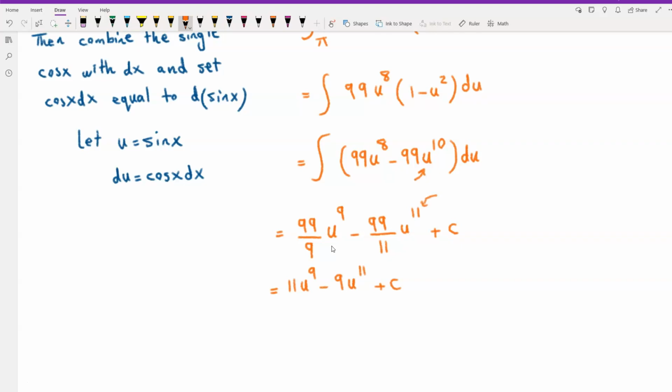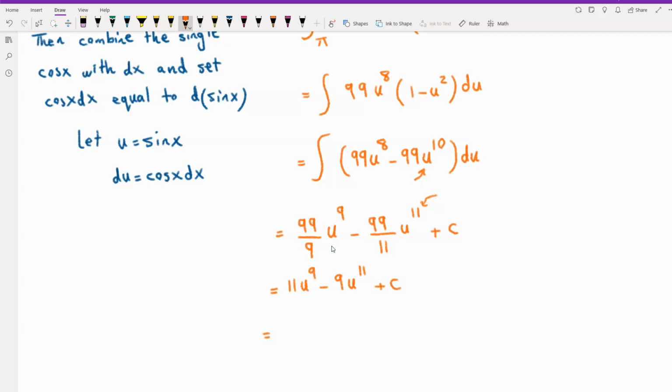So what we're going to have is minus 99 divided by 11 times u to the 11th power plus constant, so use c, and then simplify. So 99 divided by 9 is 11, and 99 divided by 11 is 9, so this is equal to 11 u to the 9th power minus 9 u to the 11th power plus c.